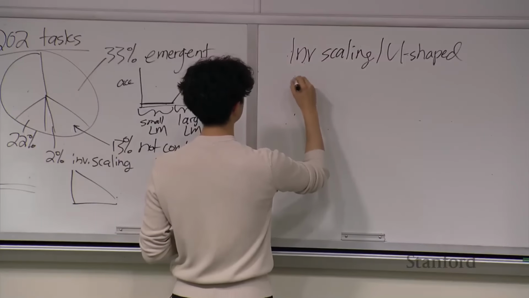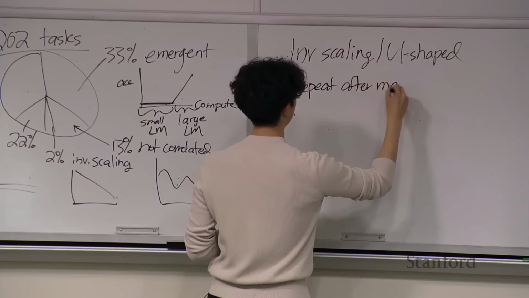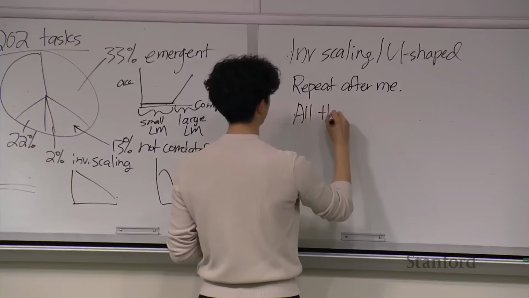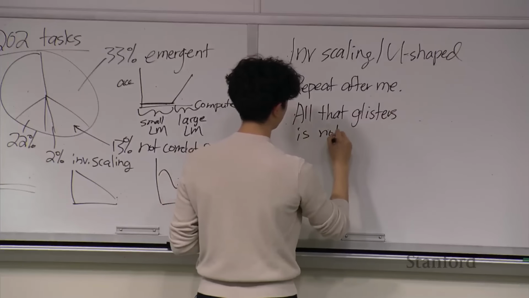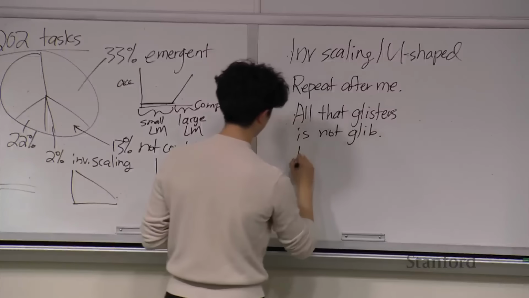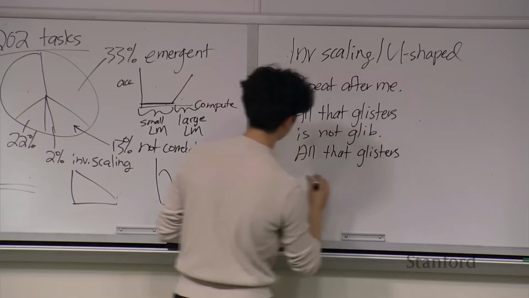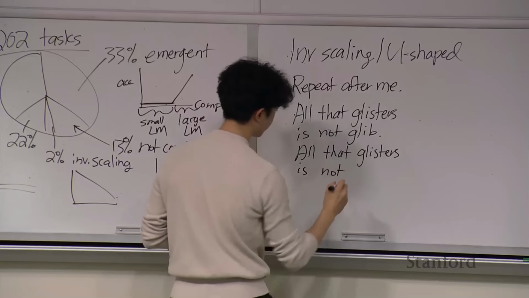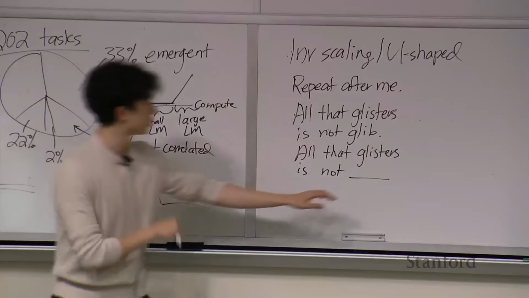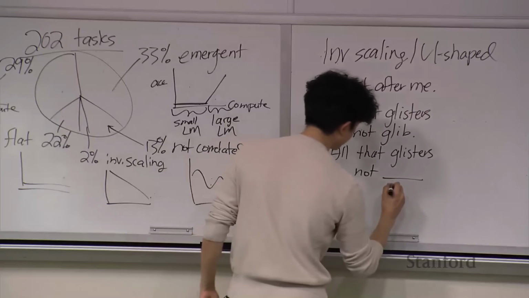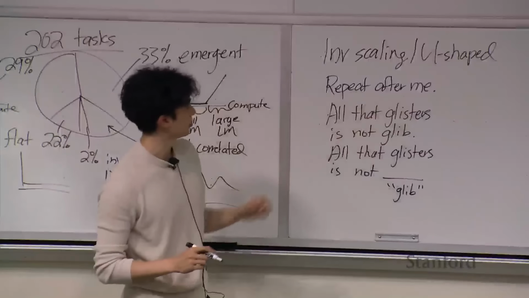The tricky prompt is this: "Repeat after me: all that glisters is not glib, all that glisters is not." This is the prompt that I give to the language model, and the goal is to predict the next word. Obviously, the correct answer is glib, because you were asked to repeat after me.